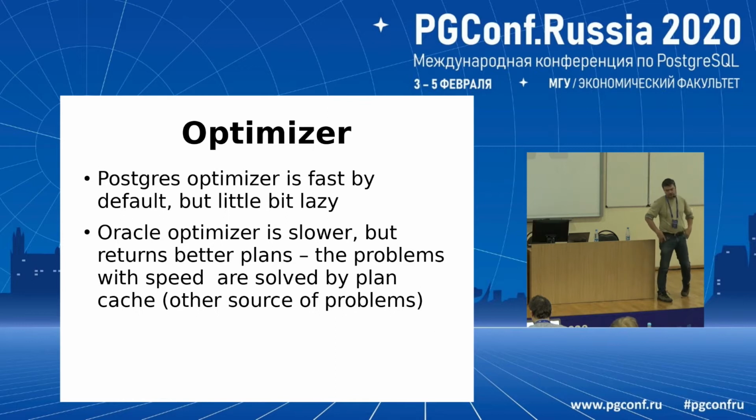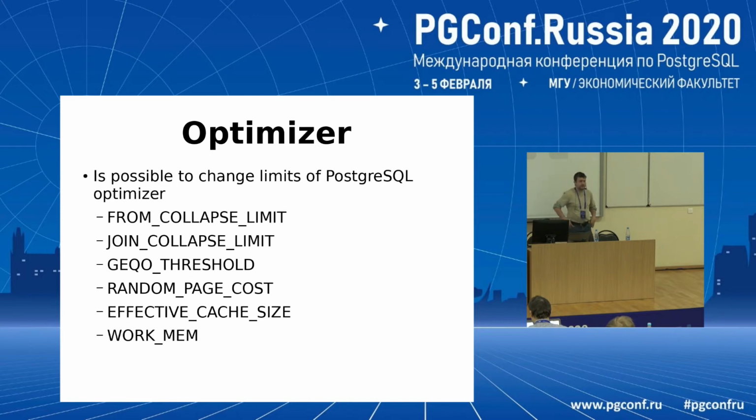And I don't know how many people know the very important parameters from_collapse_limit and join_collapse_limit. Does somebody know these parameters? Yes, one boy. So this is very important because for more complex queries, if you want a better plan, you have to increase these variables.